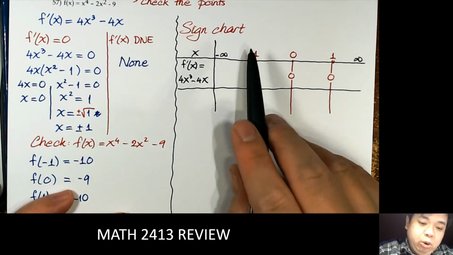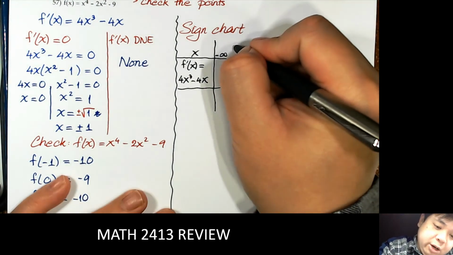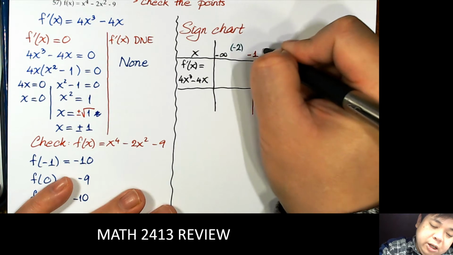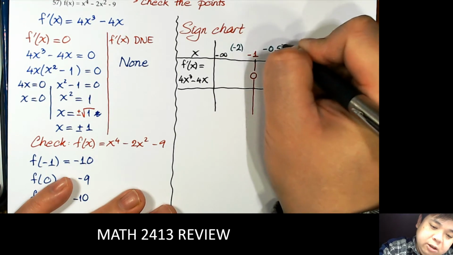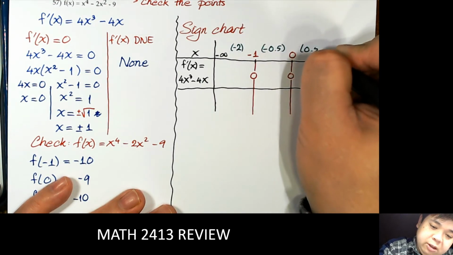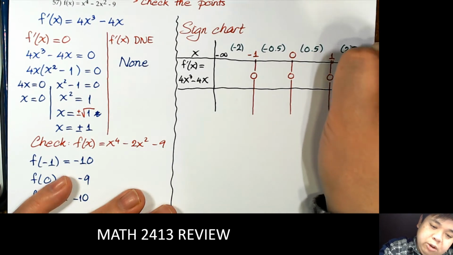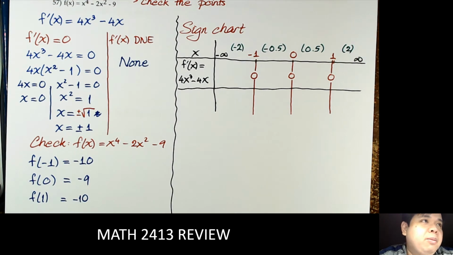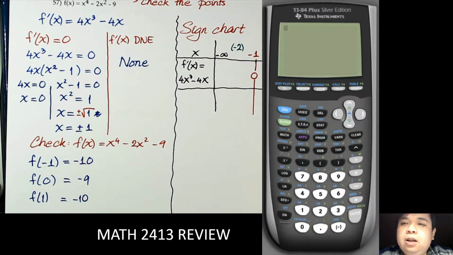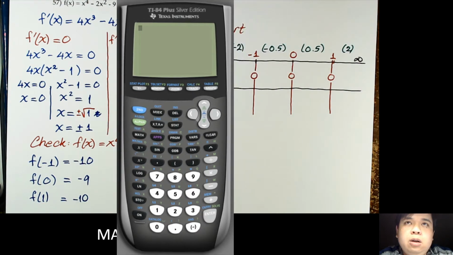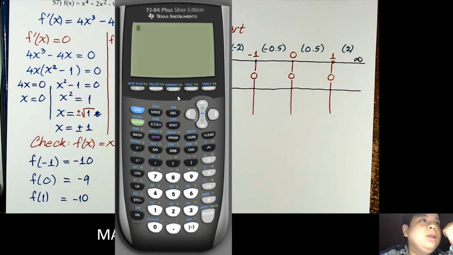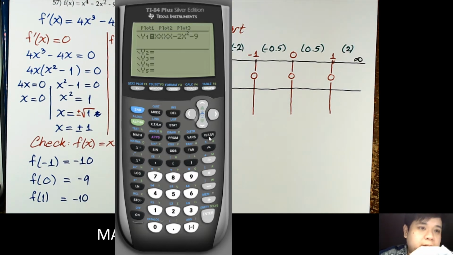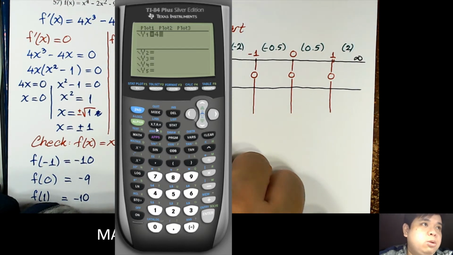Right. We're going to need the test points here. We'll choose negative 2, negative 0.5, 0.5, and then 2, putting that in the derivative. Y equal to, enter the derivative 4x cubed minus 4x.